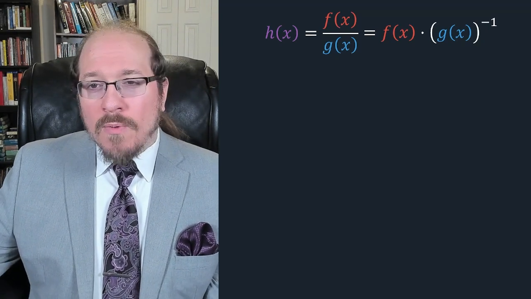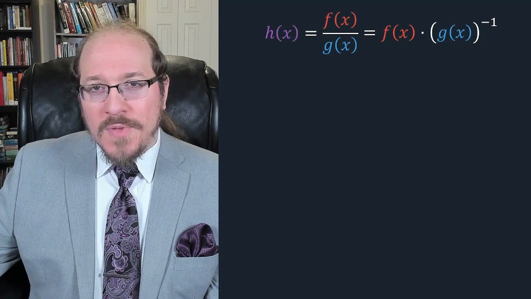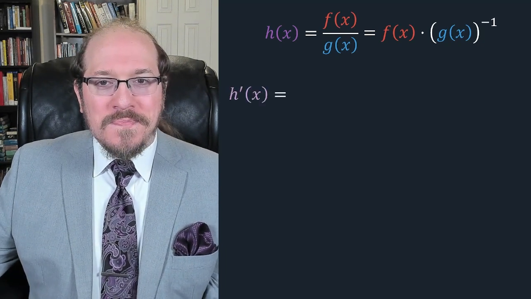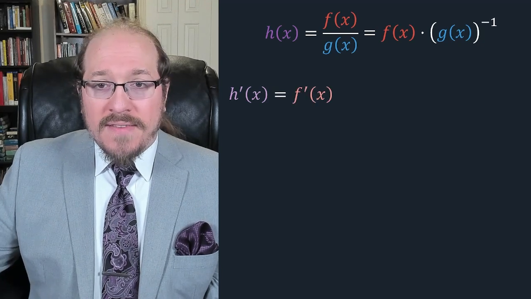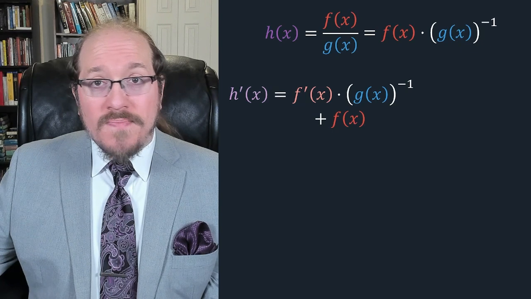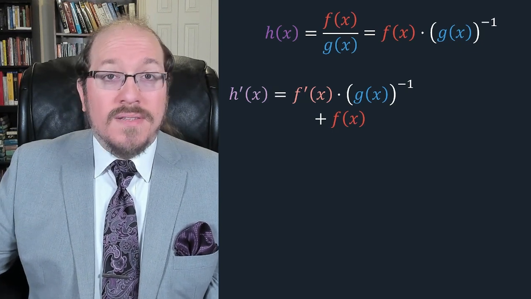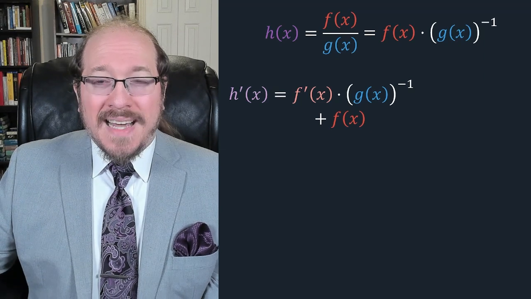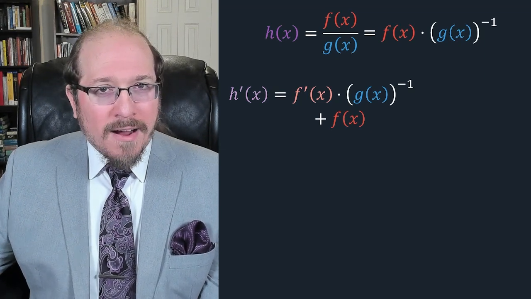Now, since we rewrote our quotient as a product, when we take its derivative, we can just use the product rule. We've got the derivative of f times g to the negative 1 plus f itself times the derivative of the quantity g to the negative 1. That last part requires a bit more care.